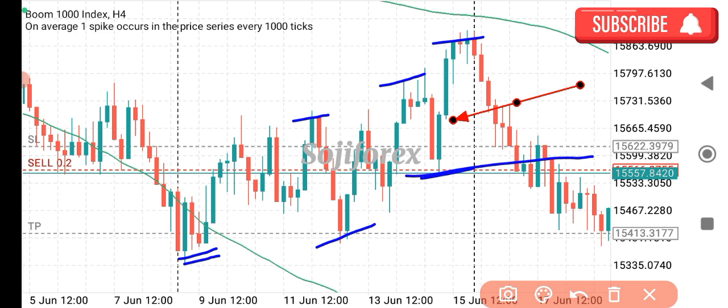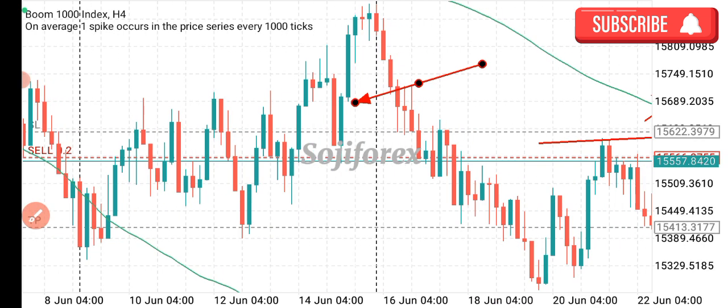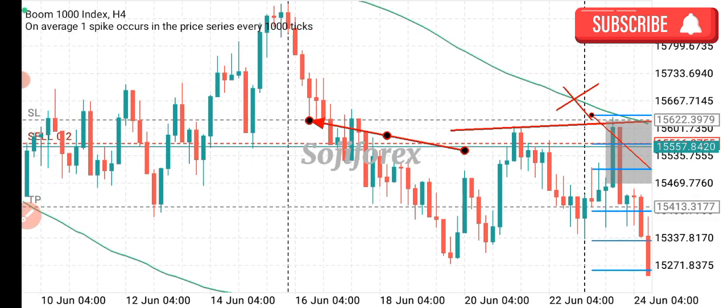So at this zone, we have a break of structure, which means our order block is this particular candle up here. A bearish order block is the last bullish candle, and that is the order block.